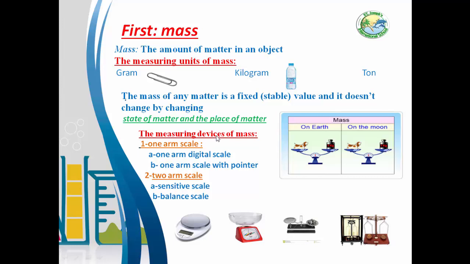So the measuring devices of mass are one-arm scale that is divided into one-arm digital scale and one-arm scale with pointer, and two-arm scale, which is divided into sensitive scale and balance scale.